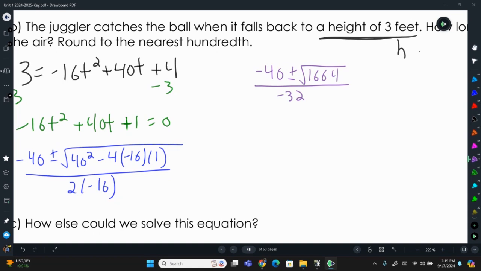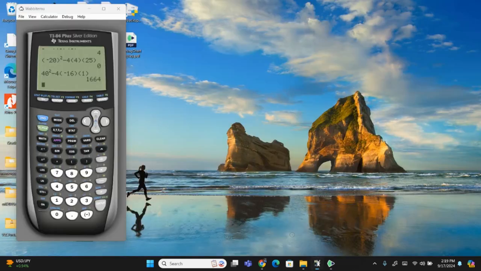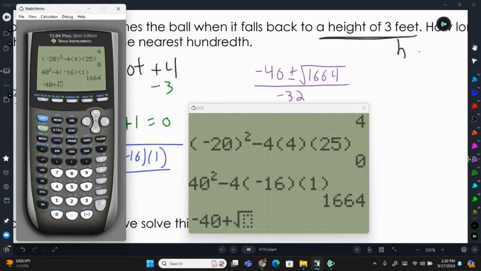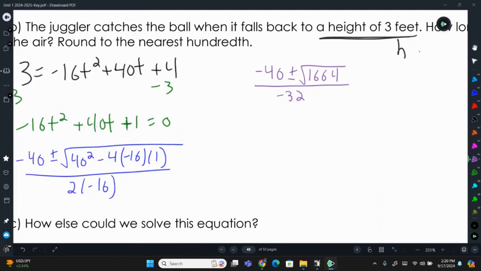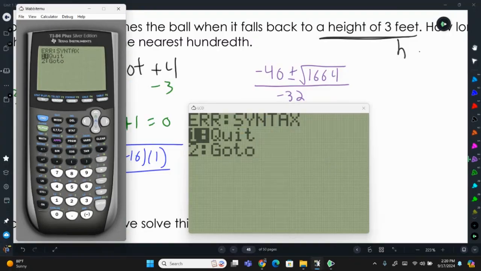Now, because we are asked to round to the nearest hundredth, I'm not even going to bother with trying to simplify that radical. I'm sure it's divisible by 4 or something like that, but let's be smart and use our calculator since we're allowed to. So negative 40 plus the square root of, whoops, all right, let me go about this a different way.